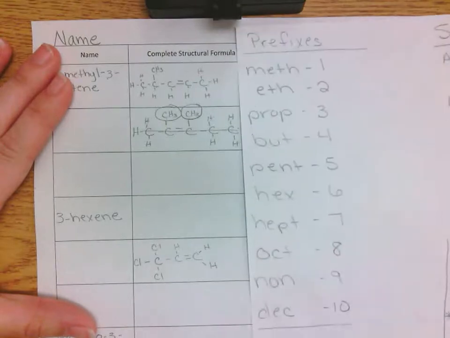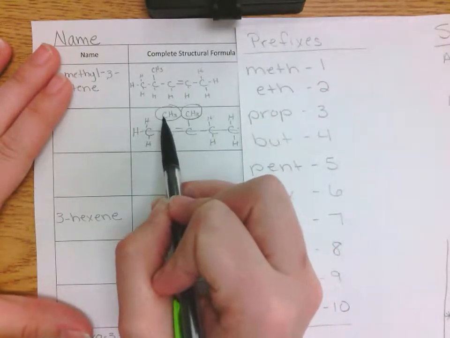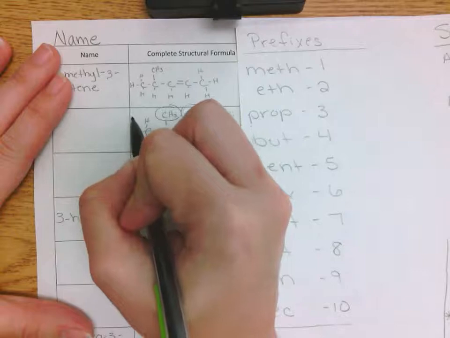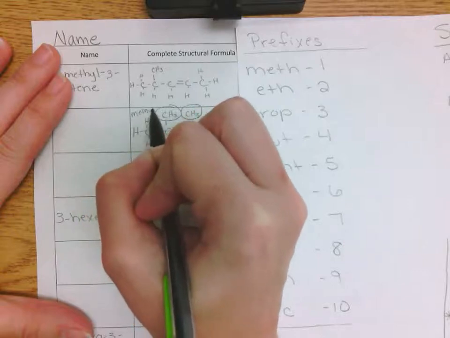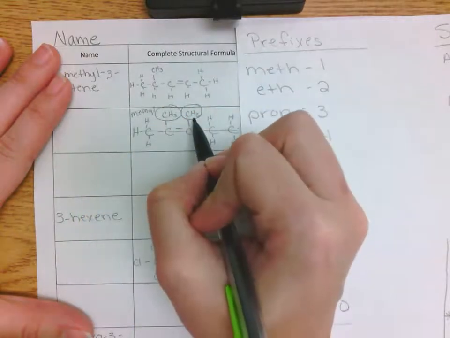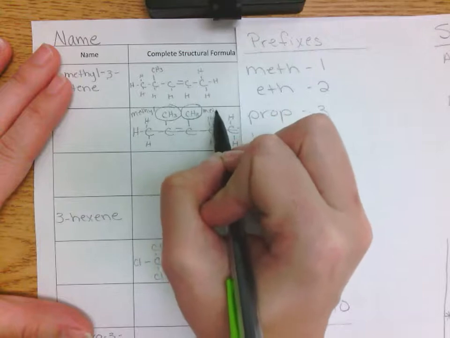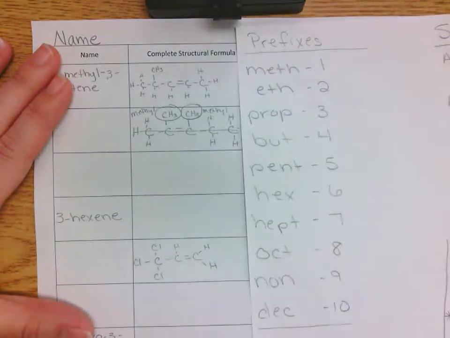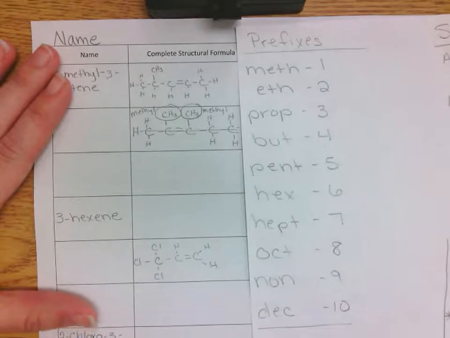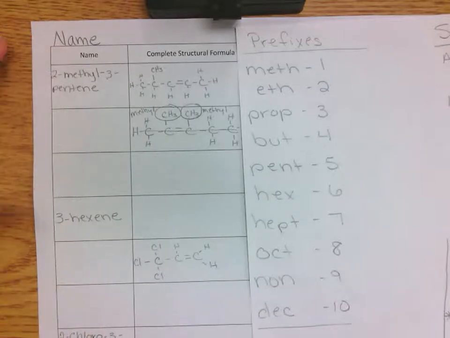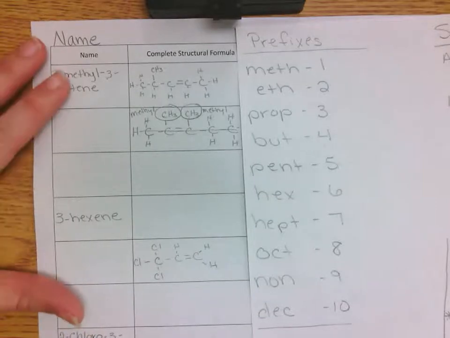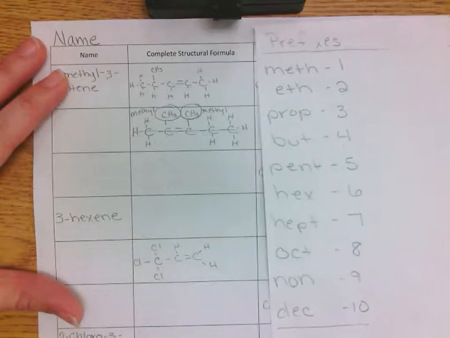Looking at my prefixes, this branch has 1 carbon in it. Branches end in YL. So this one is called methyl. Same thing here, CH3. This one's going to be called methyl. I have 2 methyls. So instead of saying methyl, I'm going to call it dimethyl. Di is 2. I have to tell where my methyls are located.